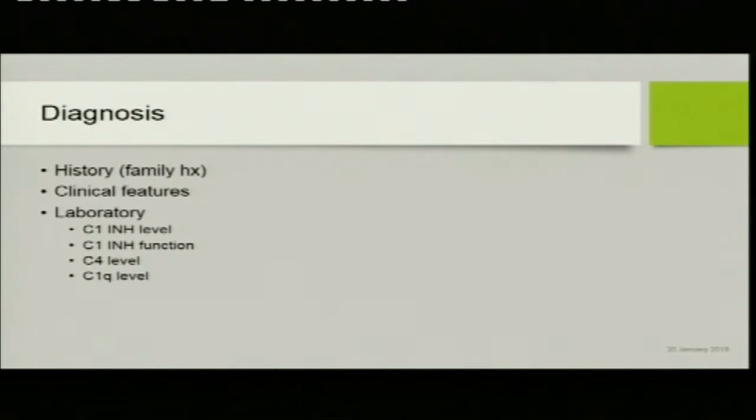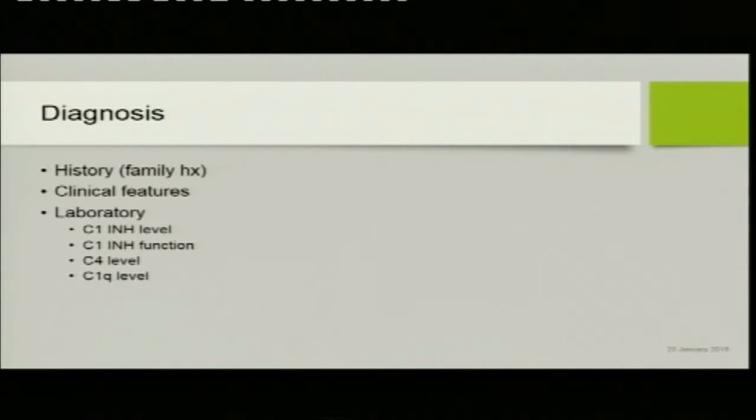To diagnose this, we have to have a very good history, and the most important thing in the history is the family history, because it's a hereditary disease. The clinical feature, as you saw in the couple of pictures, is angioedema that mainly involves the face, limbs, and GI tract. The one we are always afraid of is asphyxiation from laryngeal edema.